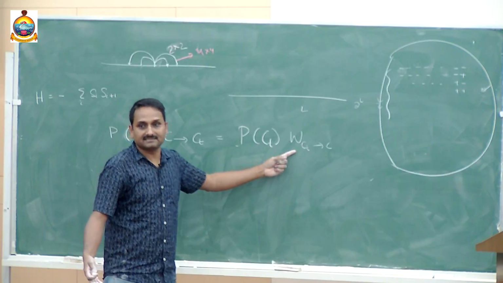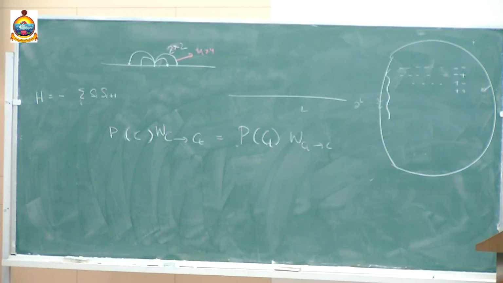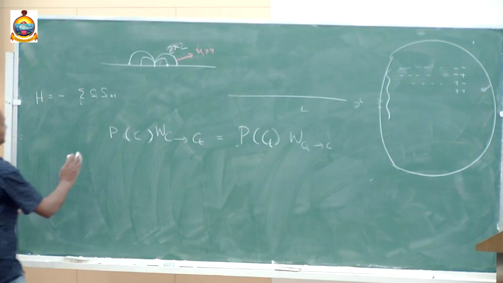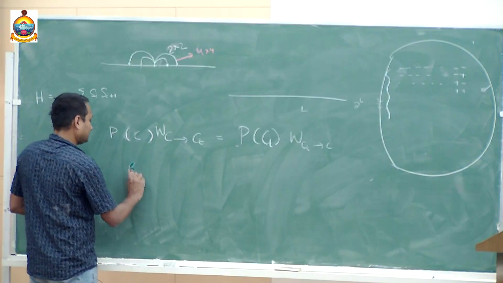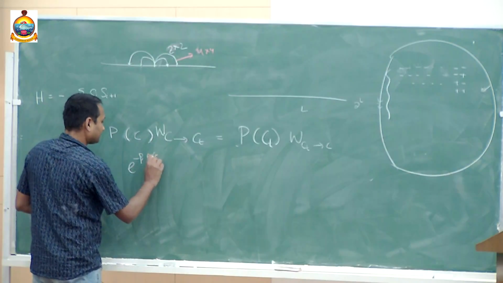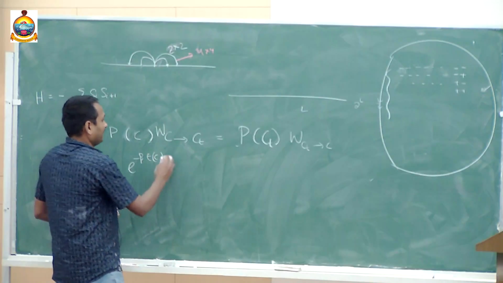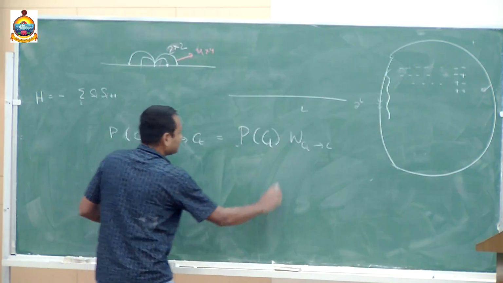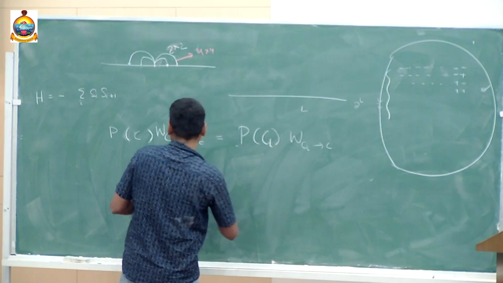If you are in the stationary state and in the equilibrium state, then this equation must be satisfied. So I will still use the Boltzmann weight. So this part is e to the power minus beta E(C), and this one is e to the power minus beta E(C trial).